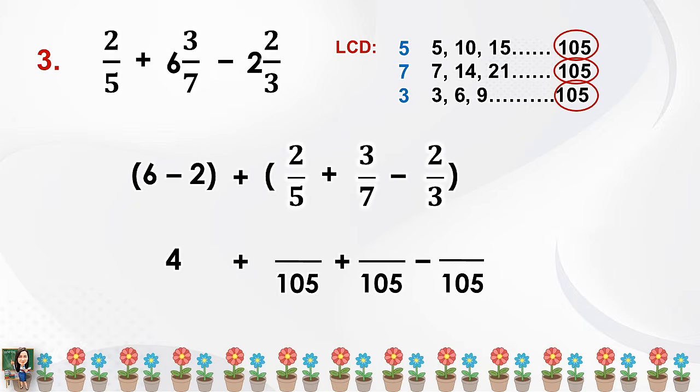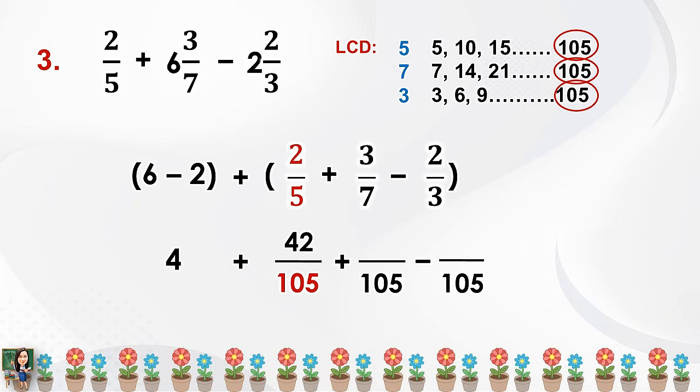Let's use another technique to get the numerator: divide 105, which is the denominator, by 5, which is the first denominator of the fractional part. 105 divided by 5 and then multiply by 2 times 2. The answer is 42. So that is the numerator of the first fraction.